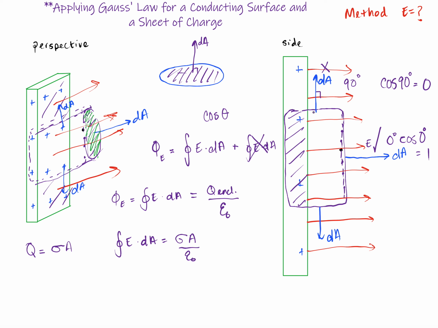Now I said that anywhere along the surface, this portion over here, the electric field is constant. So that's great. That's going to come out of the integral. So E times the integral of dA equals sigma A over epsilon naught.